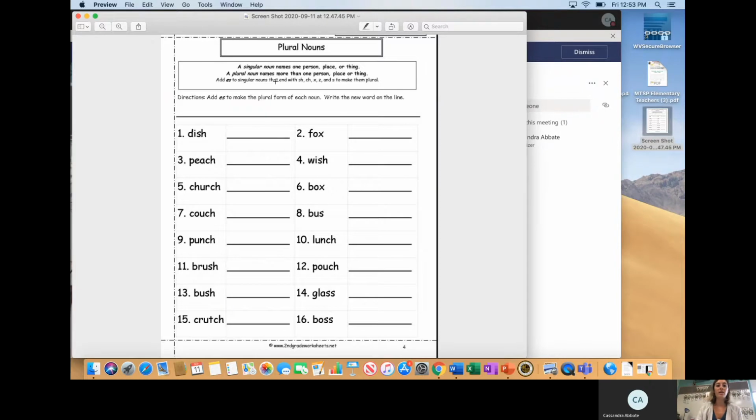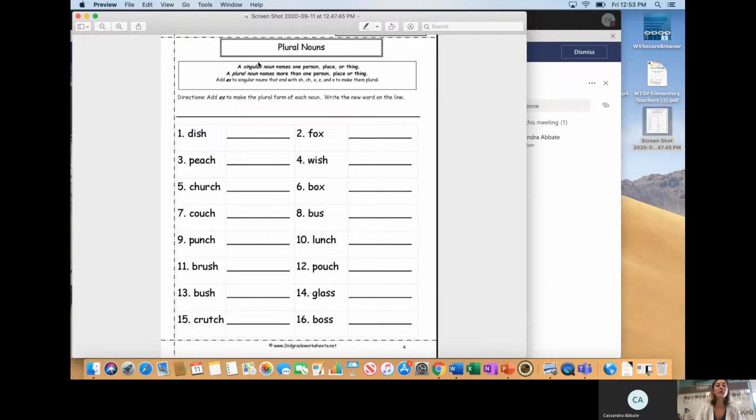A plural noun names more than one person, place, thing, or idea. So on this one you are going to see if you have to add s or es to the end of the word, okay?